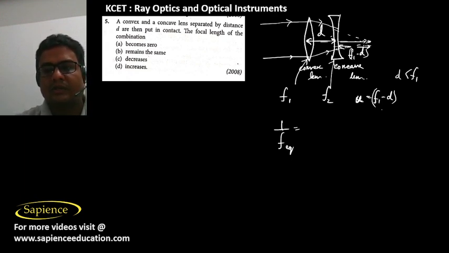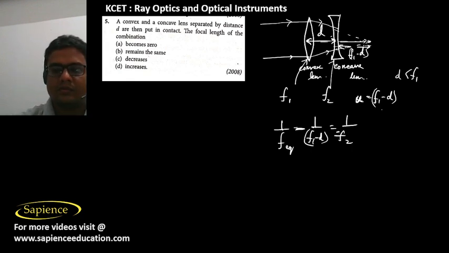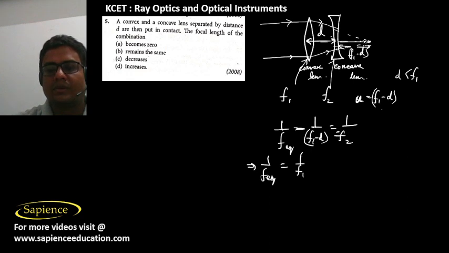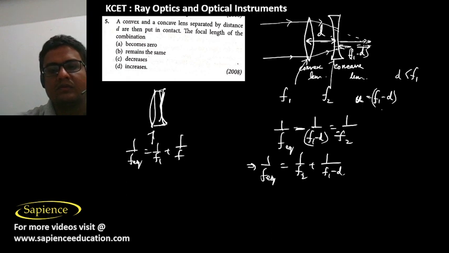By the lens formula, 1 by v minus 1 by u equals 1 by f, so 1 by f equivalent equals 1 by f1 minus d plus 1 by f2. And if the two lenses are kept in contact, then the equivalent focal length will come as 1 by f1 plus 1 by f2.